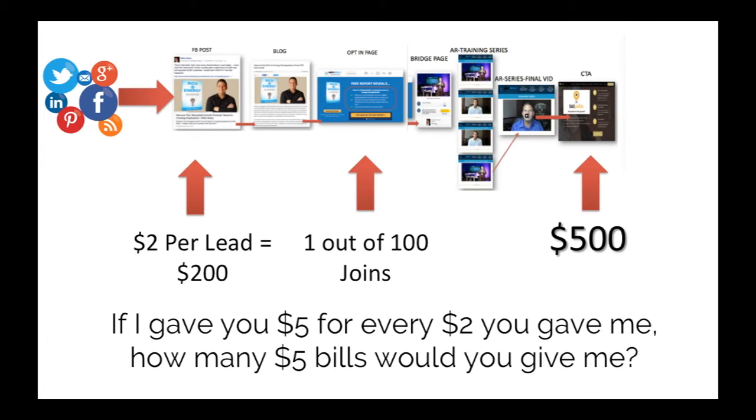But if I know that I drove 100 people there that opted in to go through, they opted in here, they went through, and I built enough of a rapport with them that they went to the call to action, and it made enough sense to them, because that's why they followed through in the process. This only makes sense because this did. Does that make sense?